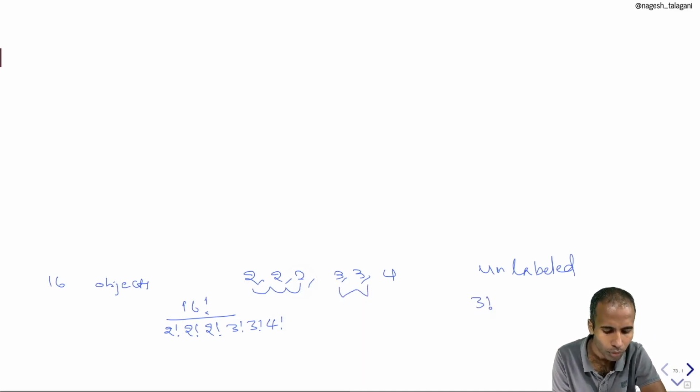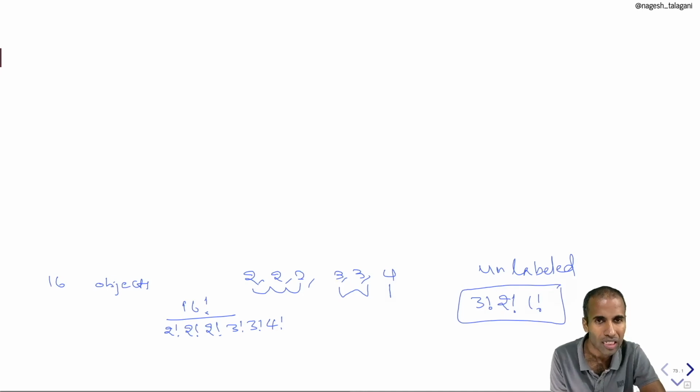There are two groups of the same size 3, they can be shuffled among themselves in two factorial ways. There is one group of size 4 which can be shuffled among itself in one factorial ways. So this is going to be the over count for each division in the unlabeled case.